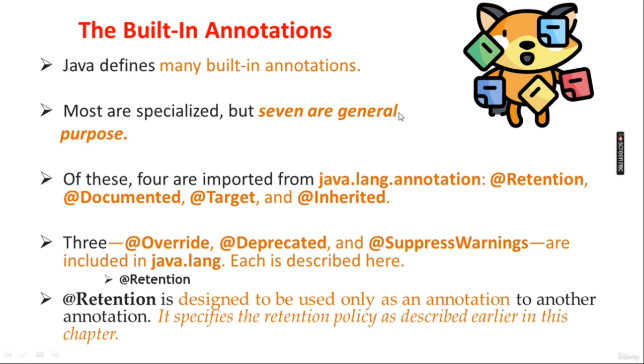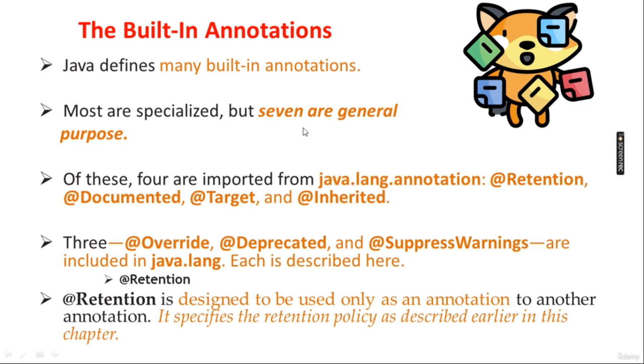There are many more built-in annotations we will be seeing now. Java defines many built-in annotations. Most are specialized, but 7 are general purpose annotations. 4 are imported from java.lang.annotation: Retention, Documented, Target, and Inherited.